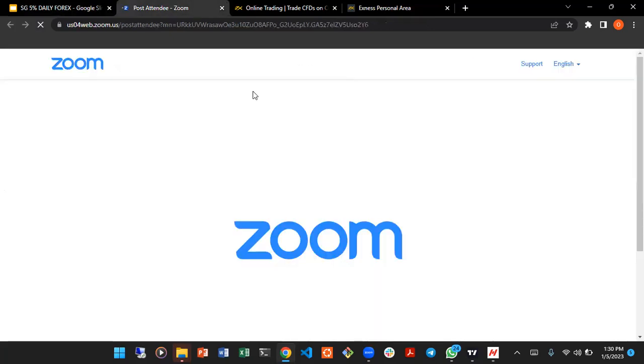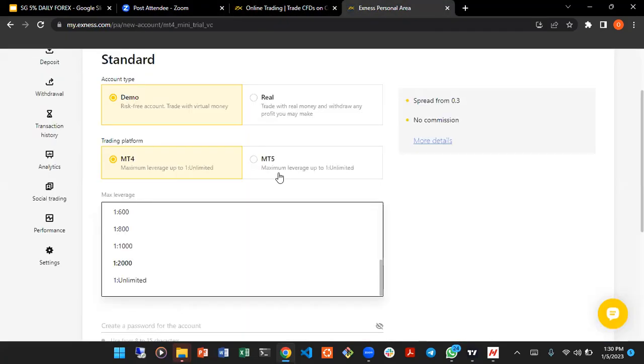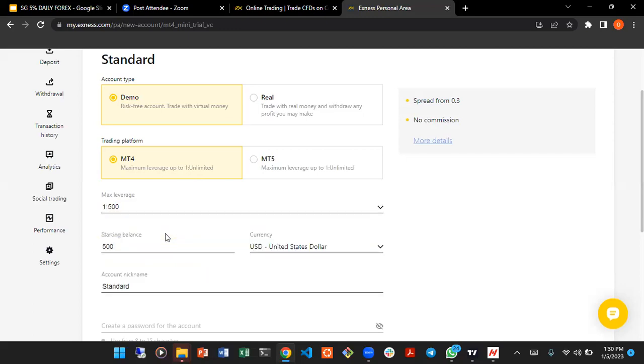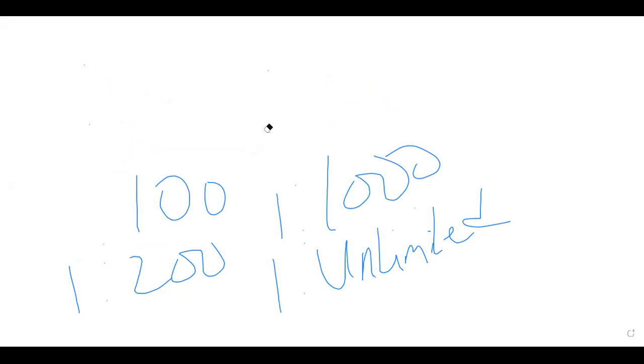Now, let us go back. Let us look at the one we are using. I told all of us to open a demo account with 1:500. Now, let us do the calculation right now to know the amount we are doing. Let me open my whiteboard for you to see it. So we are all trading using a leverage of 1:500.